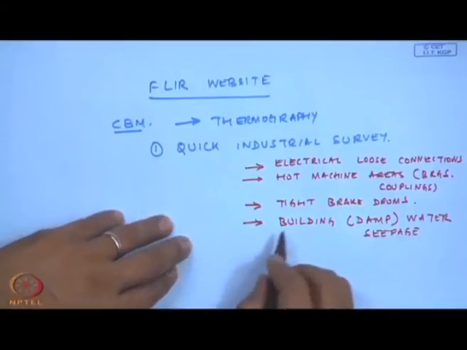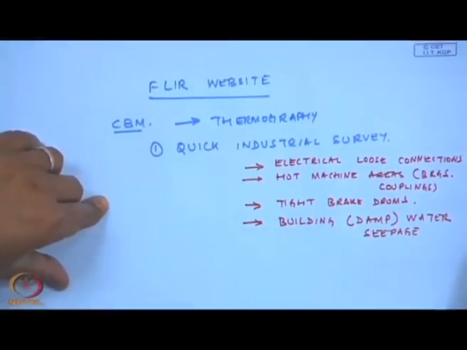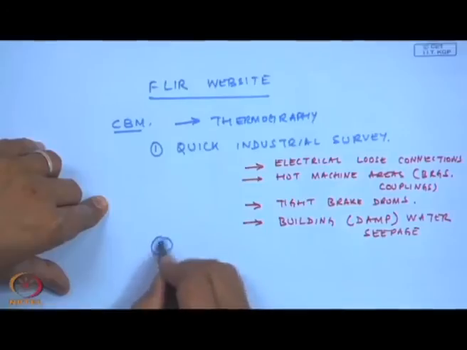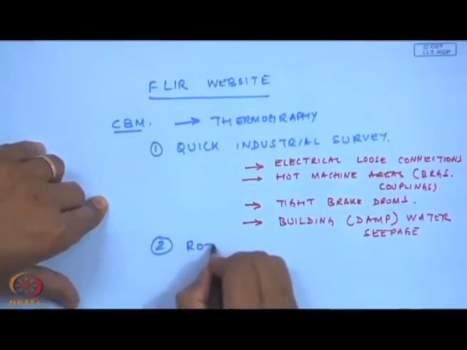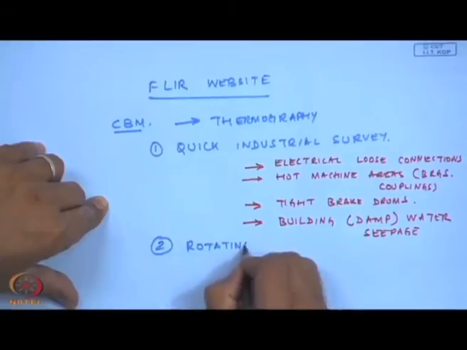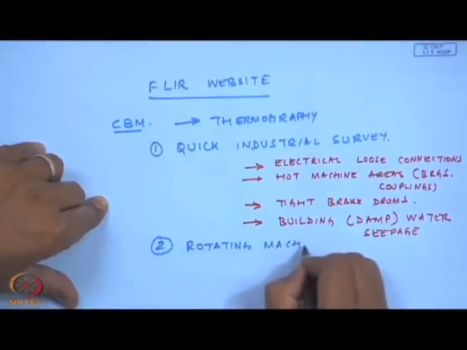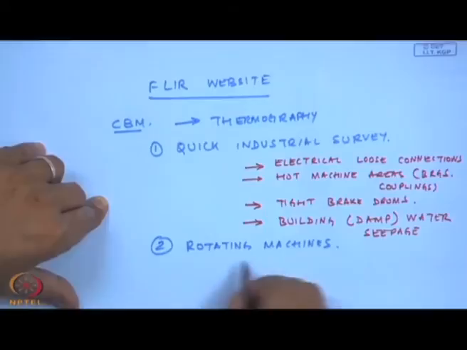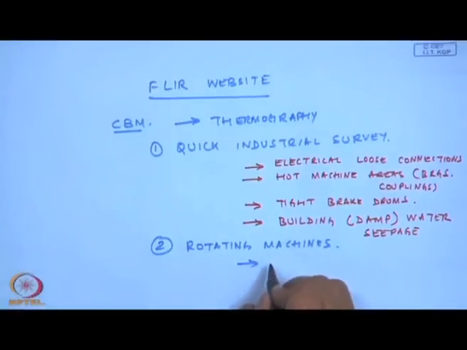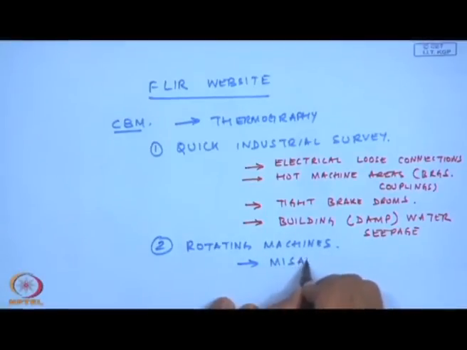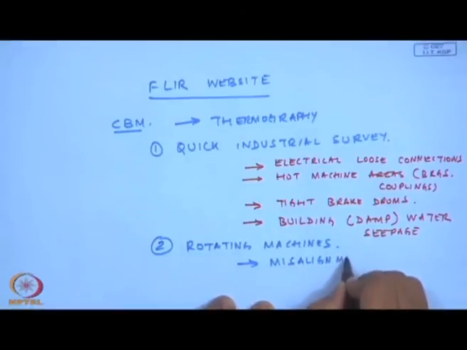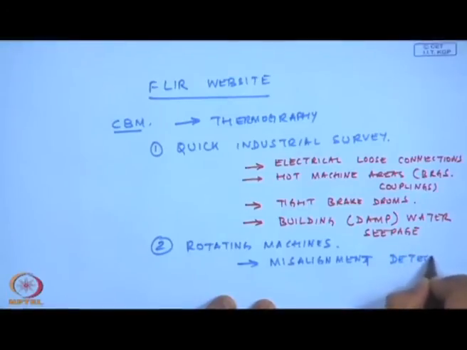So, these are a few industrial surveys, but if I was to go down to rotating machines, in our laboratory, in fact, we have been able to detect misalignment in shafts. I will tell you how this happens.